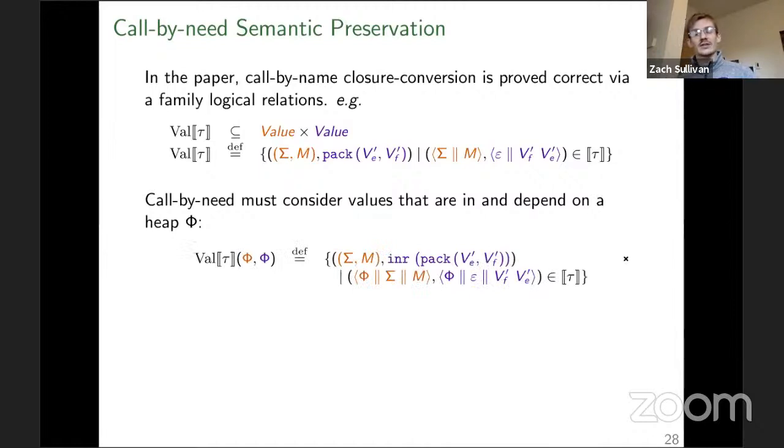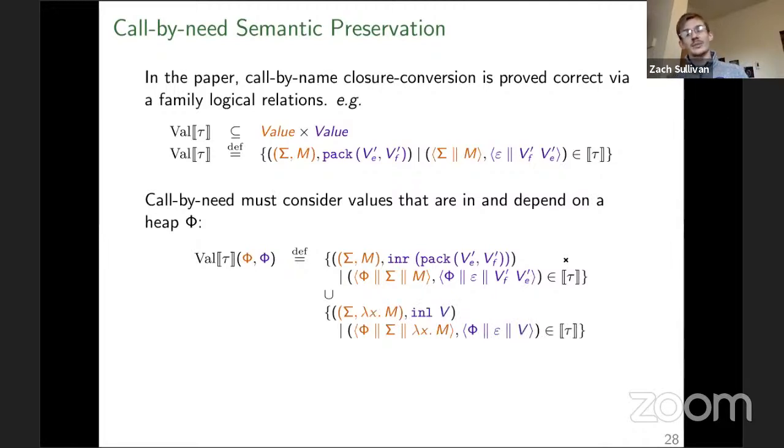So we extend this relation with a pair of a source and target heap. And if you notice, a thunk in the source language is related to a tagged thunk in the target language if their configurations are related. Now, because we'll update things in the heap, we also have another relationship where we may have updated something in the source heap, we evaluated a thunk and got a function closure out. And in that case, it'll be related to a tagged value in the target language.